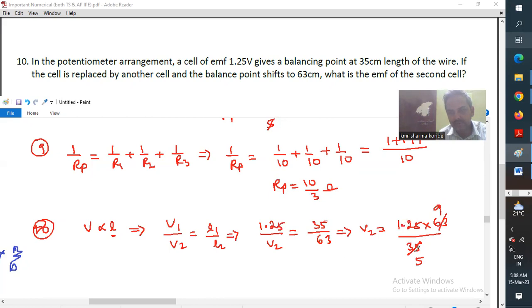Then next, make it 125 with 10 to the power of minus 2. So 5 into 25 times, 25 9s are 225, with 10 to the power of minus 2. So the answer is 2.25 volts.